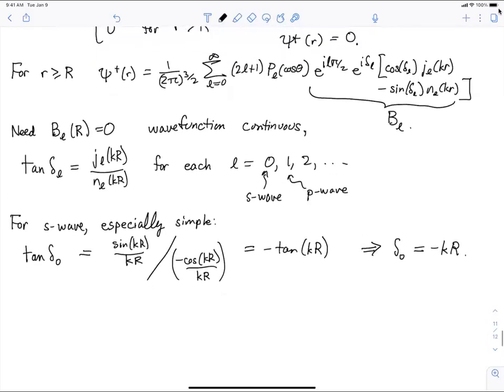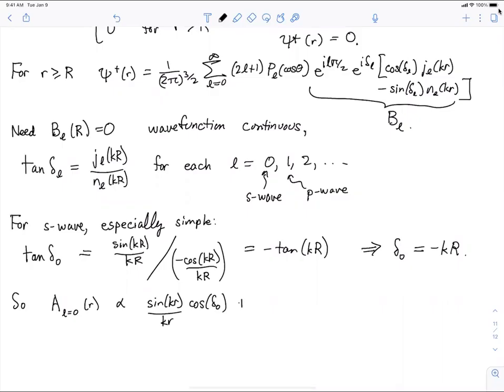All right, so we've got the phase shift for the L equals 0 partial wave. And so just for fun, we can write down what the radial wave function is for the L equals 0 partial wave. I'm going to forget about constants and just write that it's sine kr over kr cosine delta 0. That's from the j_0 part.